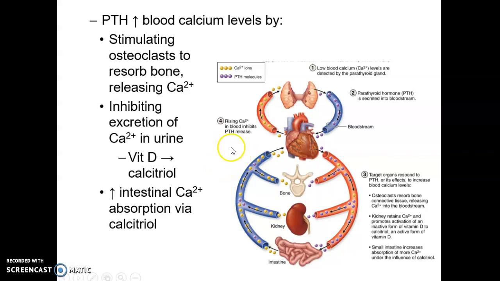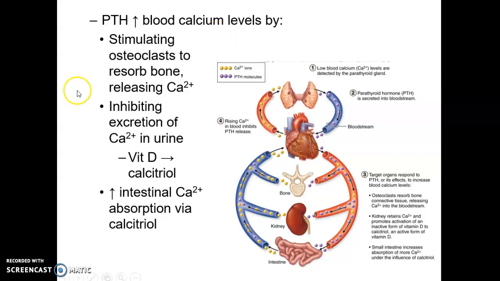And once the body's back up to normal, the parathyroid gland will no longer secrete parathyroid hormone because the stimulus to secrete it has been removed by getting blood calcium levels back up to normal homeostatic levels.